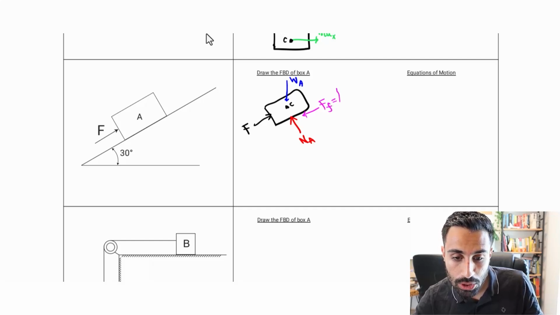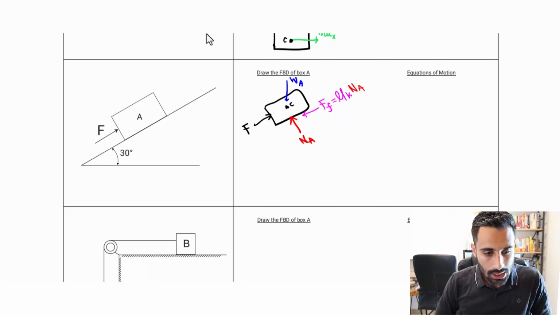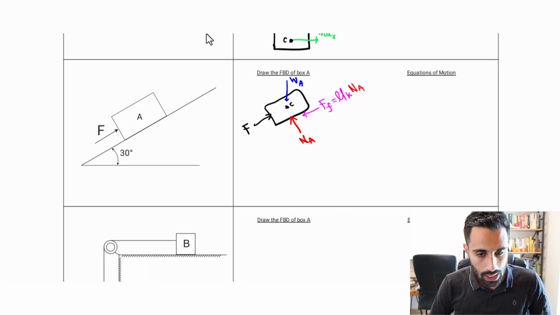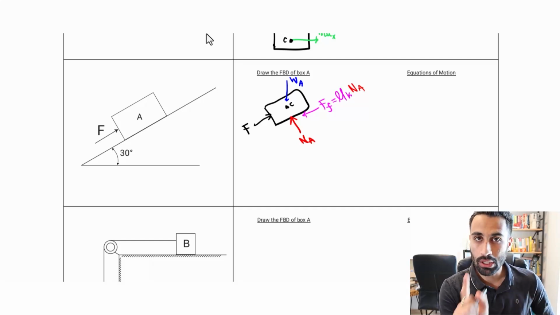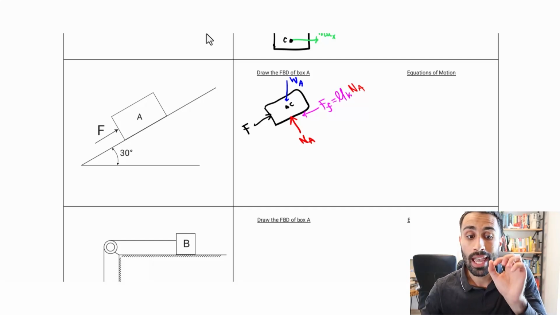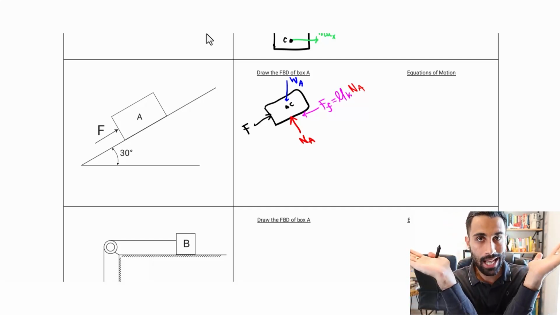Force of friction is always mu kinetic, in this case, things are moving, times the normal force, NA. Now that's that. Everything else looks okay. One thing that I did not do, now we talked about that in statics. Assuming you watched the statics free body diagram video, for any inclined plane problem, reorient the axes.